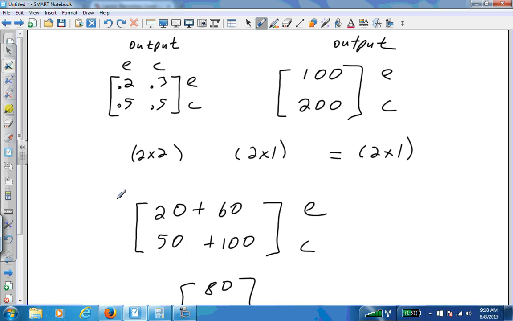So to get these values, this is called our demand or distribution matrix.